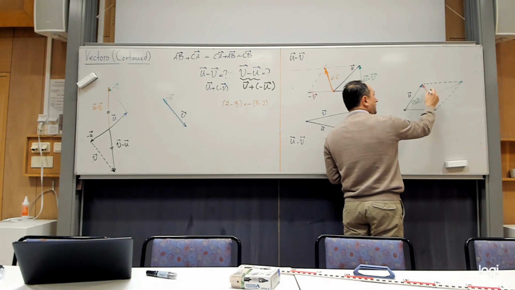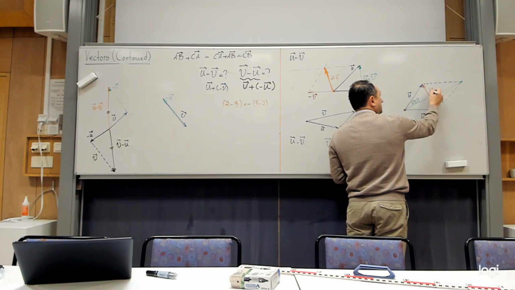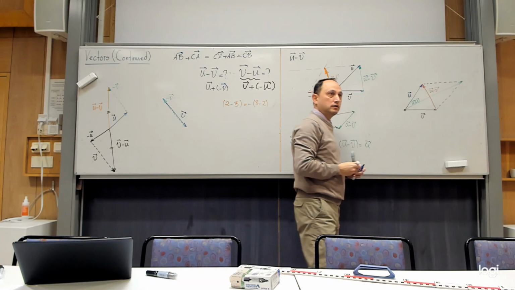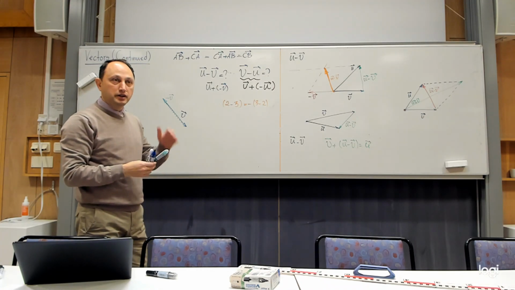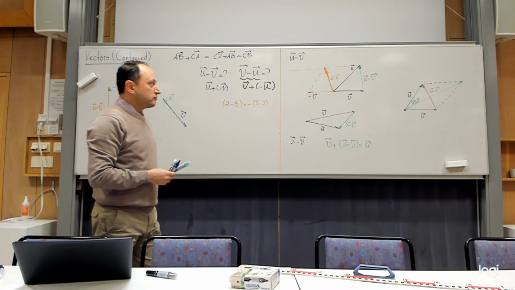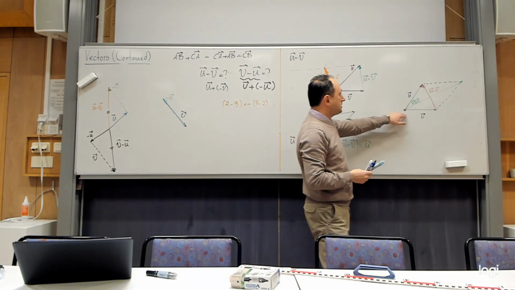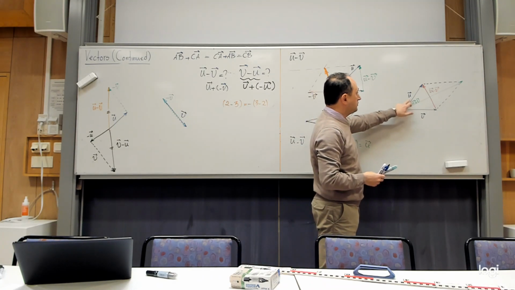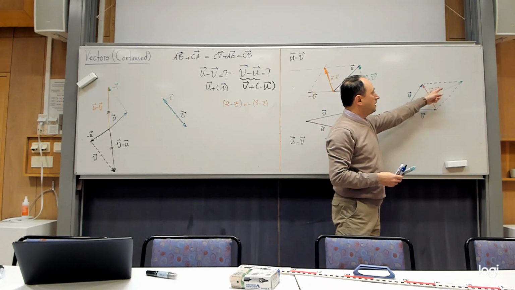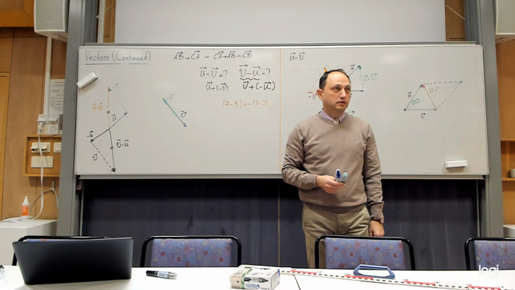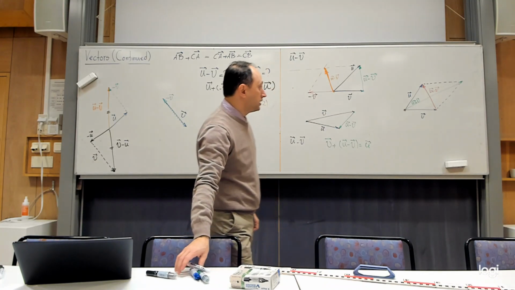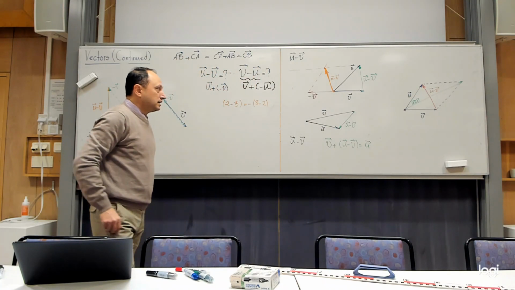The other diagonal is u minus v. So this picture is very important to remember in your mind. If I have two vectors, one of the diagonals is u plus v, the other diagonal is u minus v. So that's extremely important to remember.